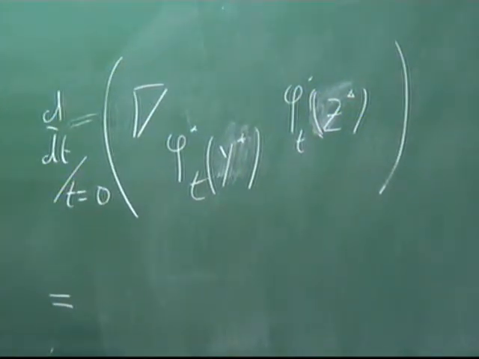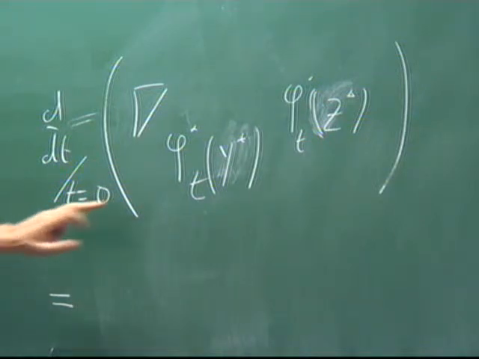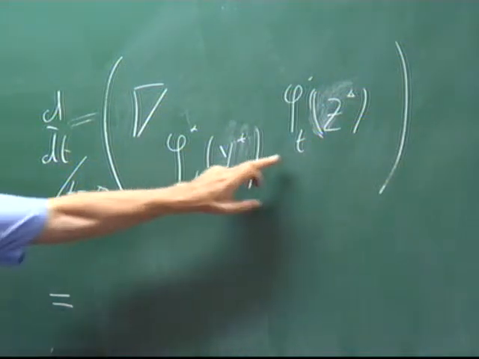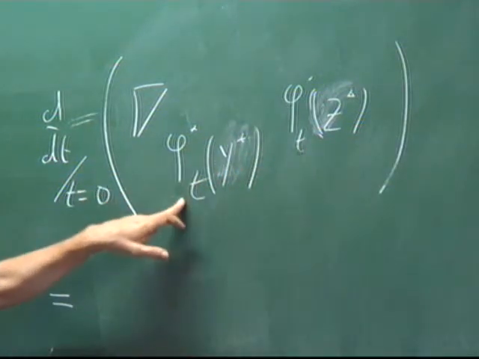So I want to differentiate this now with respect to t. So how do you differentiate this with respect to t? There's two arguments, right? It's bilinear, so you have to use a product rule. So first differentiate this and evaluate at t equal to 0, and then the other way around.